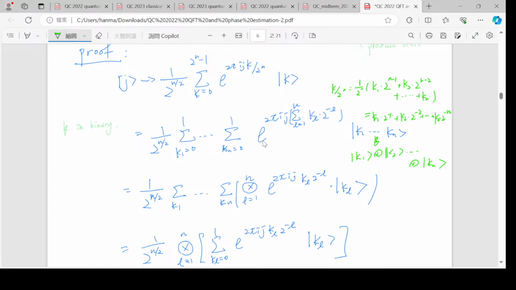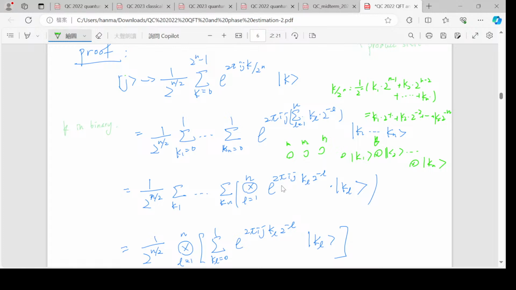And now you have the factor here as a product of factors, right? The first one depends on k1, the second one depends on k2, the third one depends on k3, etc. Because of the tensor product, you can have the multiplication factor everywhere. So we can just group this k1 vector with this k1 here, then tensor the k2 vector with this k2 here, all the way to the kn vector with kn here, right? So it's this thing. Okay.